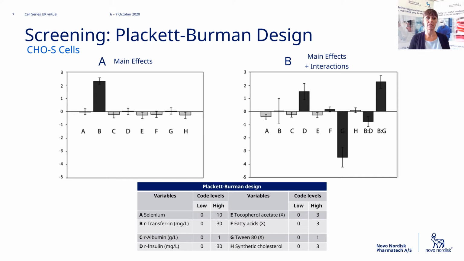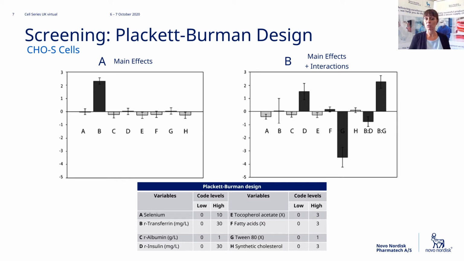So this would be the traditional PBD, which is shown on graph A. On the other hand, a folded over matrix PBD, here in this example on graph B, we have a 24-run folded over PBD, improves the detection of factor interactions in the screening phase of a full DoE approach.